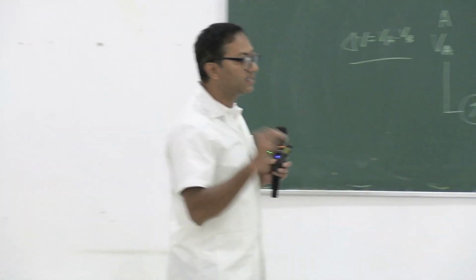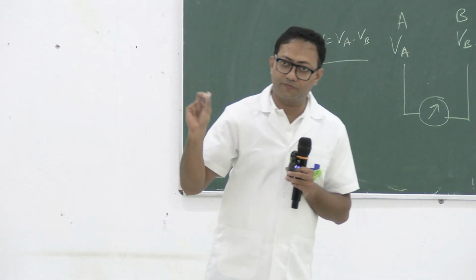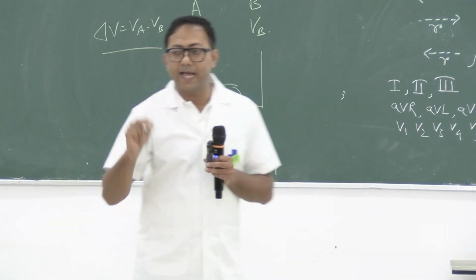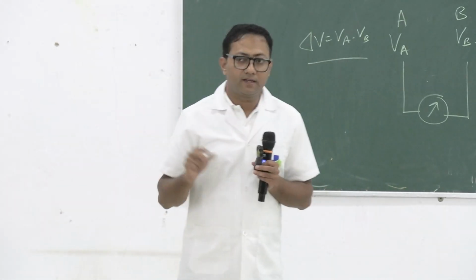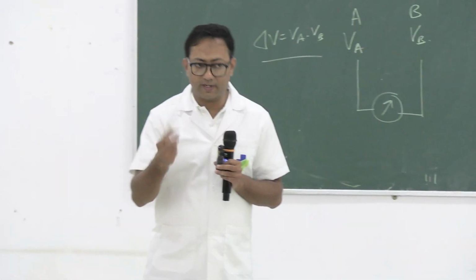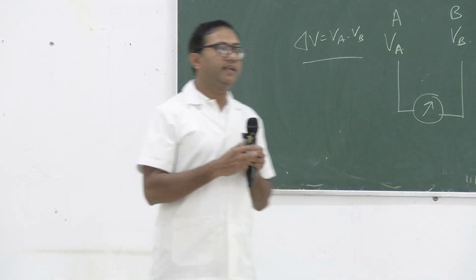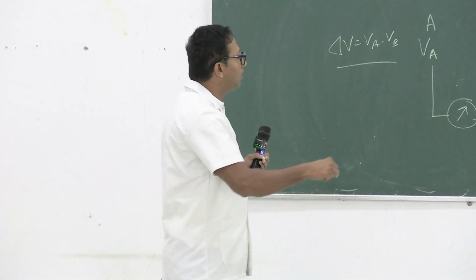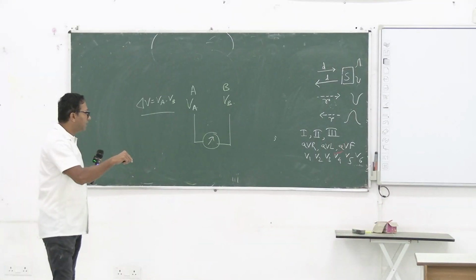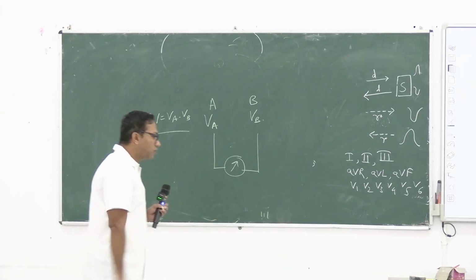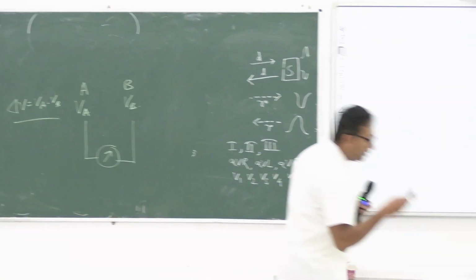Now we are discussing ECG leads. Leads are defined as a pair of electrodes and a voltmeter in between. Collectively they are called a lead. In an ECG machine, we have all these 12 leads: 1, 2, 3, AVR, AVL, AVF, and V1 to V6, which are chest leads. Clear?